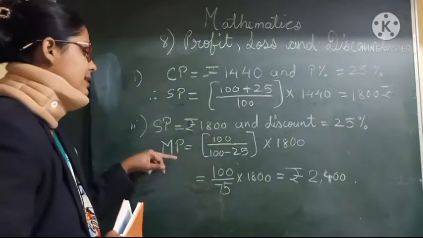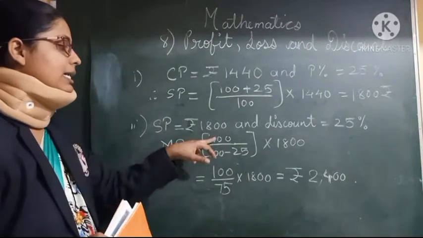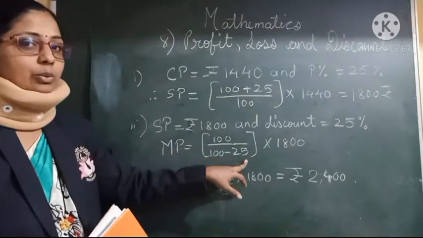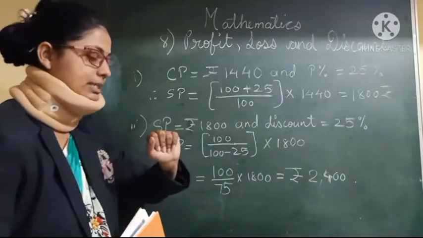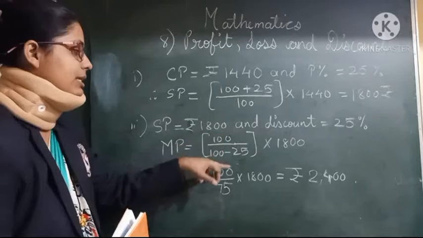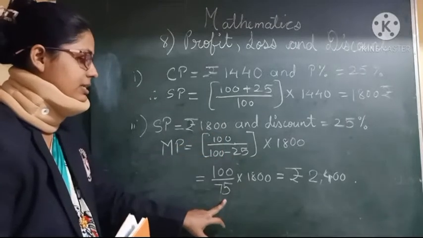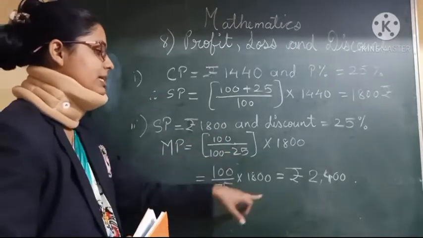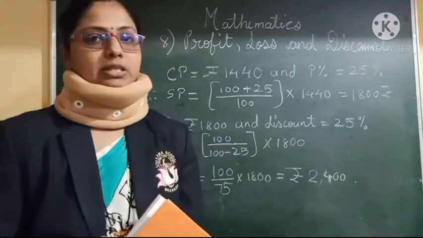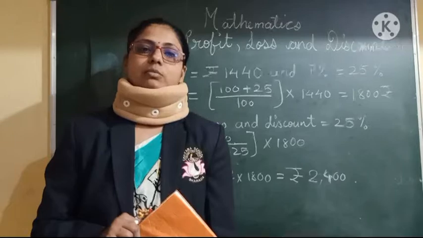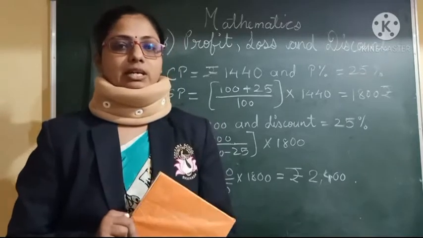In this case, mark price equals 100 upon 100 minus discount, multiplied by 1800. So discount is 25; 100 minus 25, we are getting 75, and when we calculate this, we will get the answer as 2400 rupees. So this was about one different type of example.